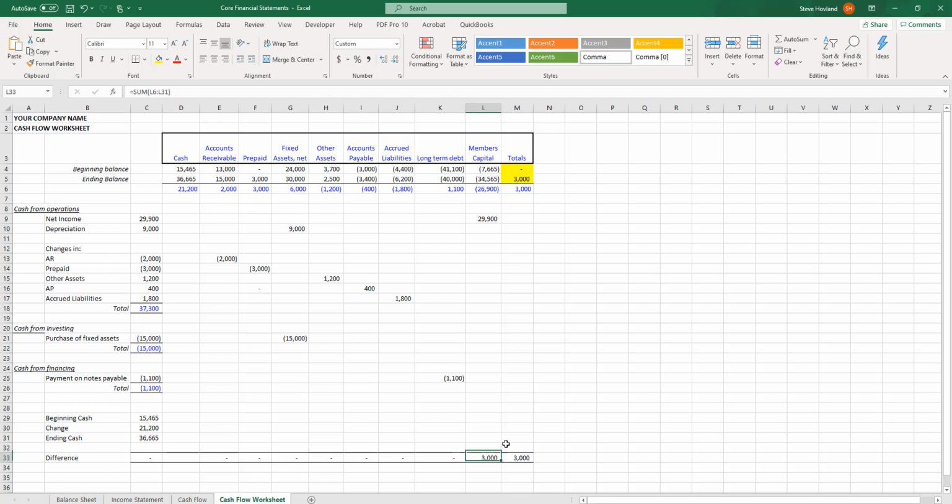So now we've got a $3,000 difference, and I can reconcile 29, but it's still 3,000 off. Why am I 3,000 off? That's the beauty of this, we can bring in what we know it should be, and any difference would help us go back and say, okay, something's not quite right. Again, this is where a cash flow statement starts to get a little bit on the complicated side.